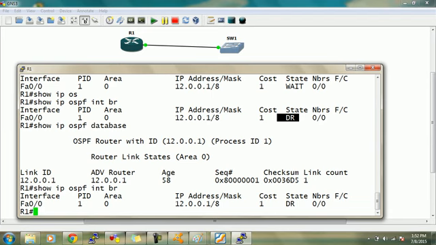Until I have a BDR, a type 2 LSA will not be generated. If I have a single router on a segment, there will be no type 2 LSA for that segment.